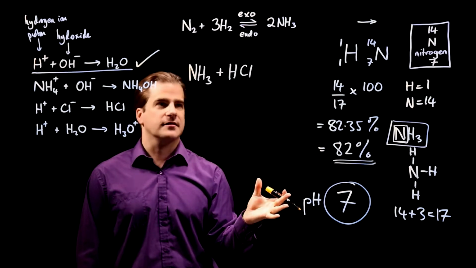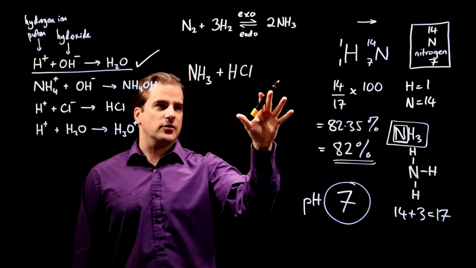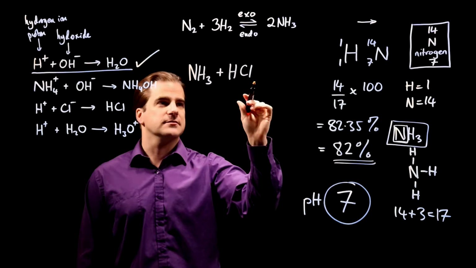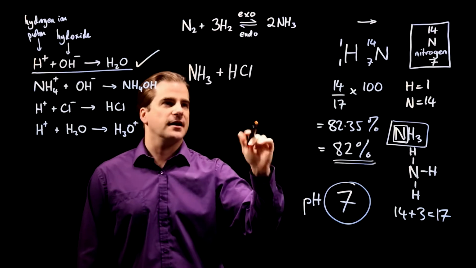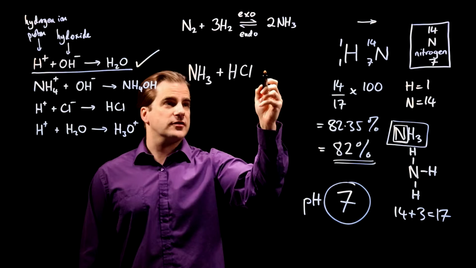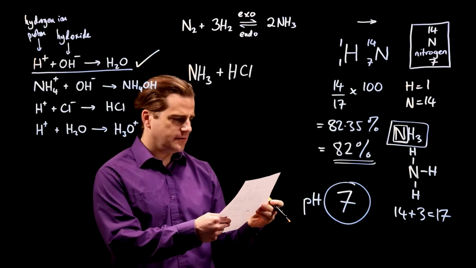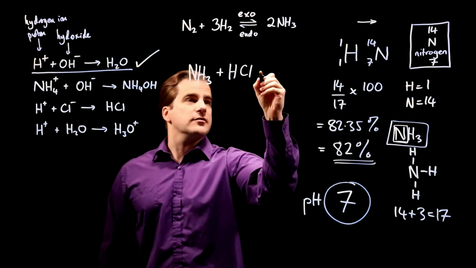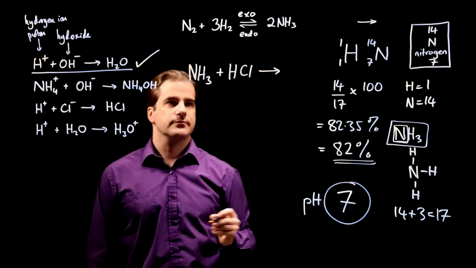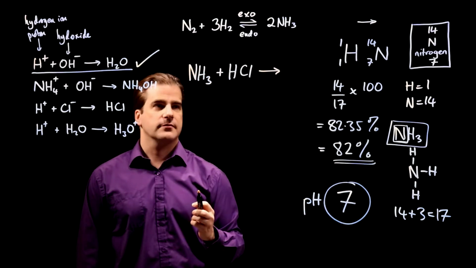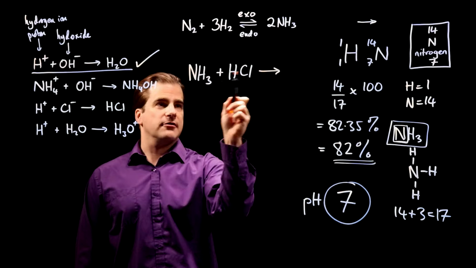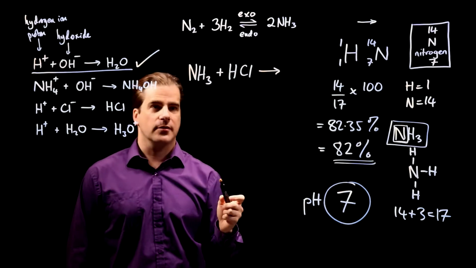That is hydrochloric acid. But I'm not going to write the water as part of this equation because it's a slight distraction. Anyway, what's the question again? Name the salt produced. Okay. So, what salt, when you react these two together, is going to be formed?